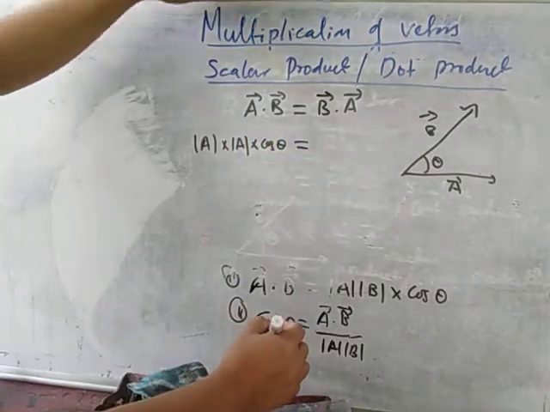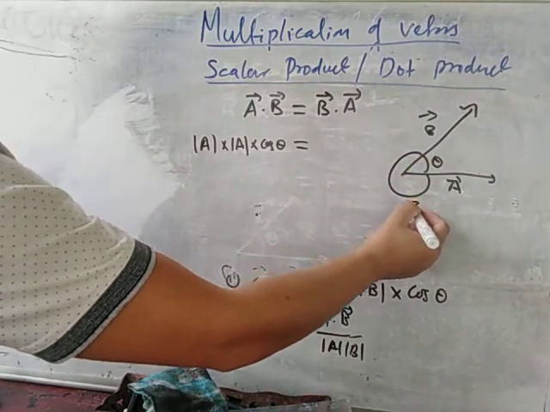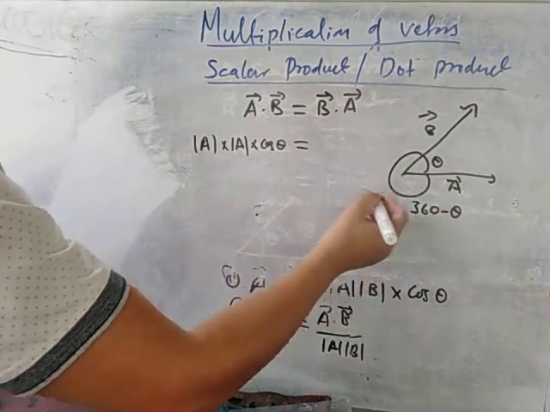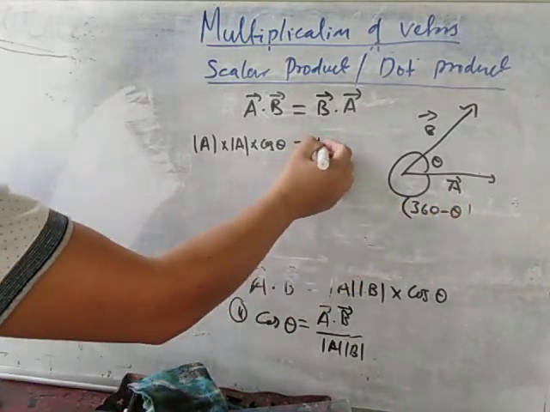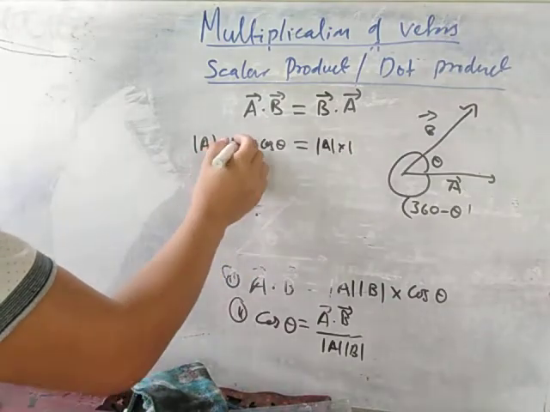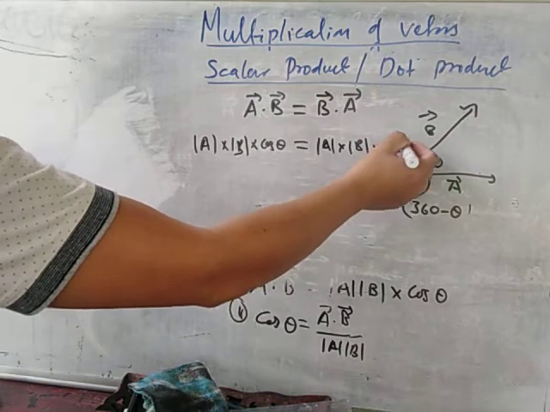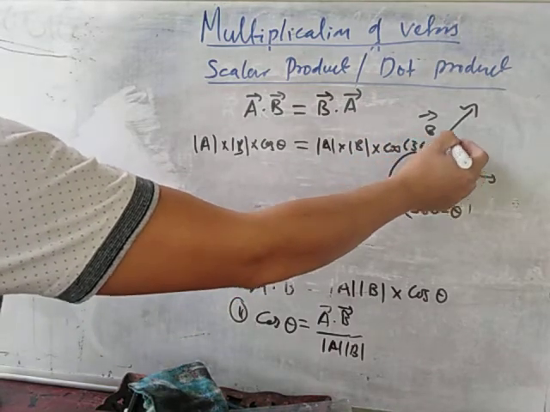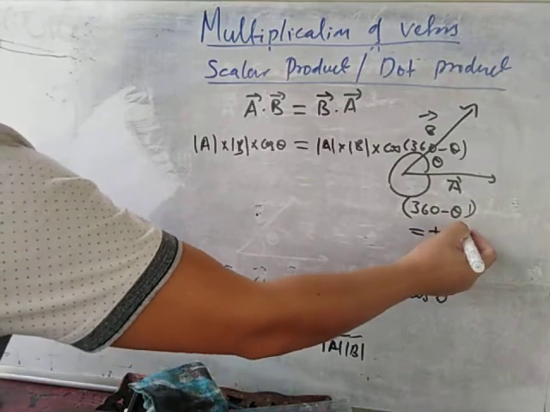Now B dot A: this angle, if this is theta, then this is 360 minus theta. So B into A into cos of 360 minus theta, and cos 360 minus theta equals plus cos theta.